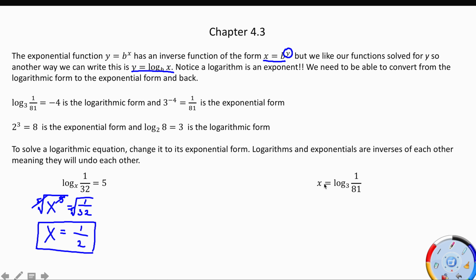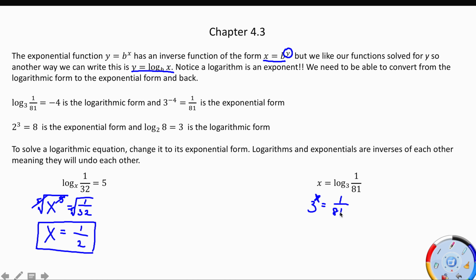Okay, x is log with base 3 of 1 over 81. So base 3, a logarithm is an exponent. And now use my ideas from the last section to solve this exponential equation.